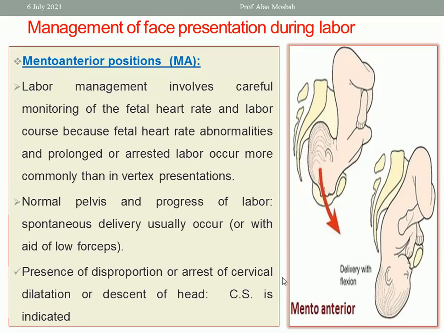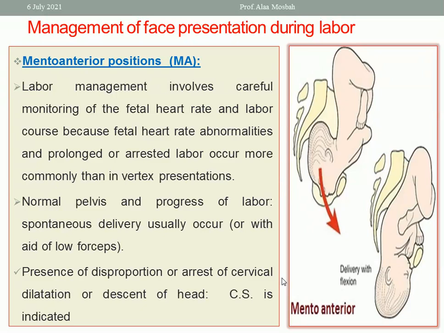Labor management in mento-anterior involves careful monitoring of the fetal heart rate and the labor progress. Of course, you should use a partogram to detect any protraction in cervical dilatation or descent of the head, or even the arrest of any of them.